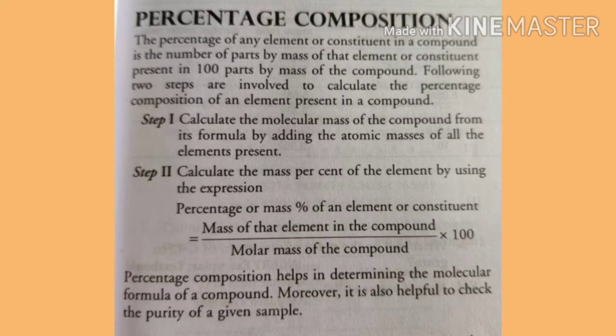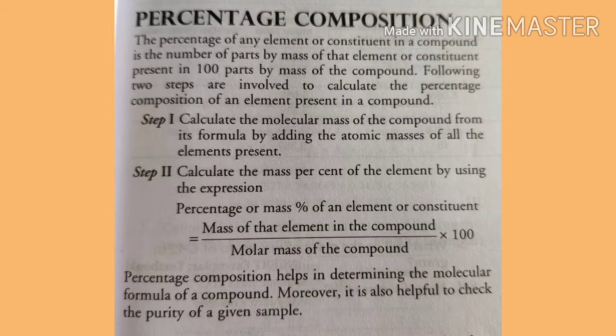The following two steps are involved to calculate the percentage composition of an element present in a compound. The first step, calculate the molecular mass of the compound from its formula by adding the atomic masses of all the elements present.